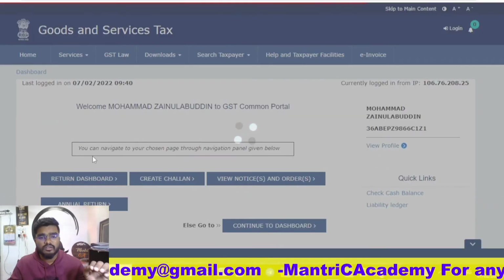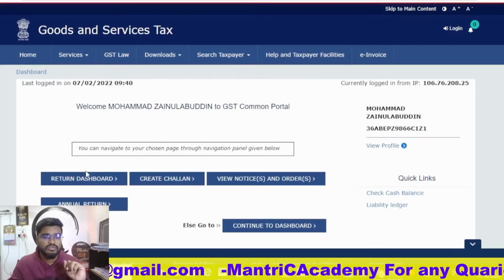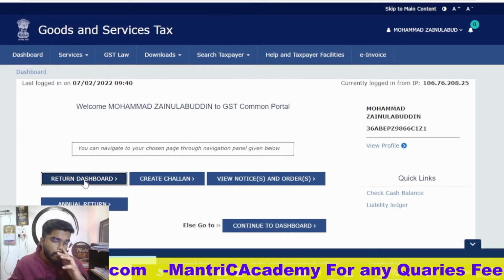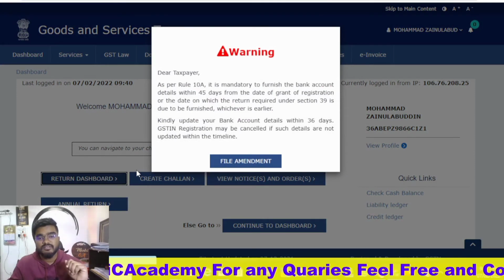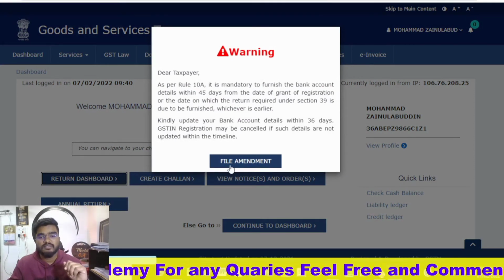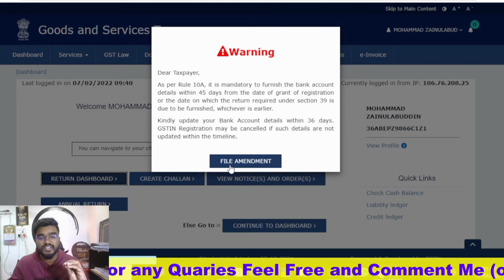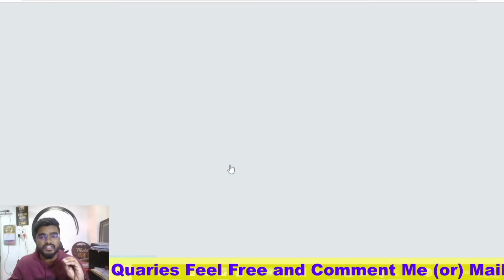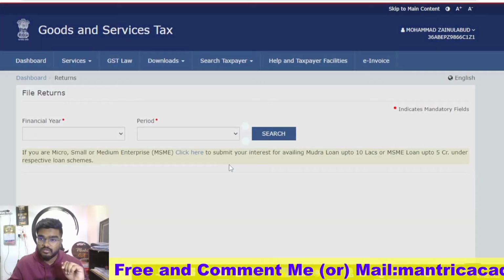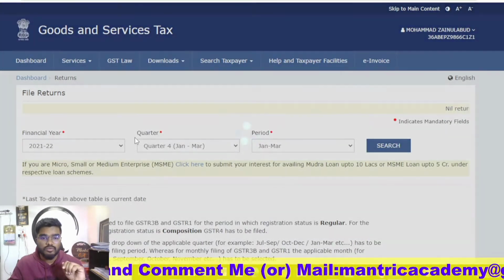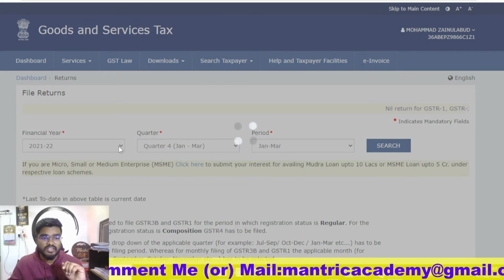After login, go to the returns dashboard. This person's bank is not amended. After taking registration, the bank needs to be updated within 45 days. I don't have the bank right now. We'll file the quarterly return.